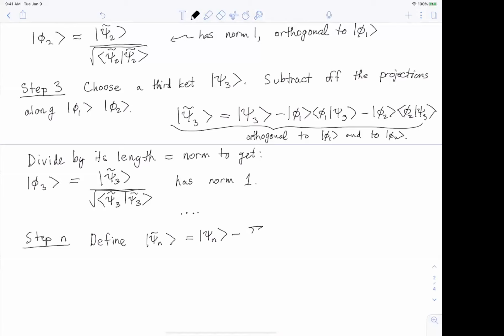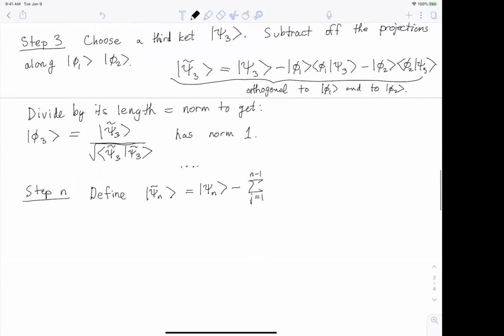So you're going to subtract off the sum from j equals 1 up to n minus 1, because you've constructed n minus 1 such vectors, of phi sub j, sorry, that should be phi sub j, onto psi sub n.